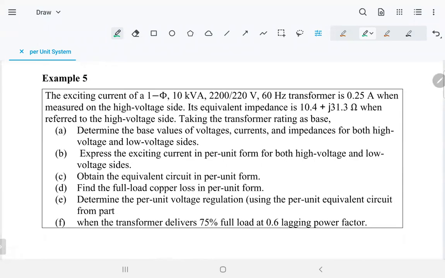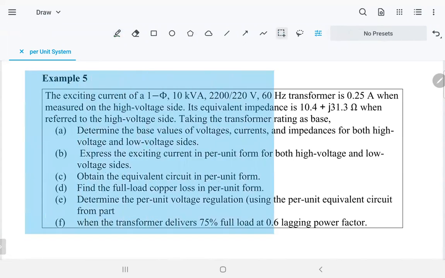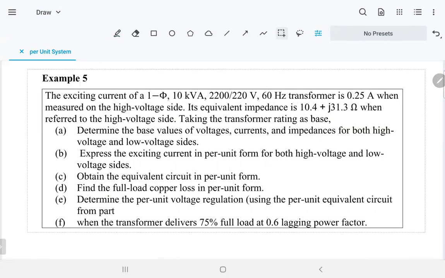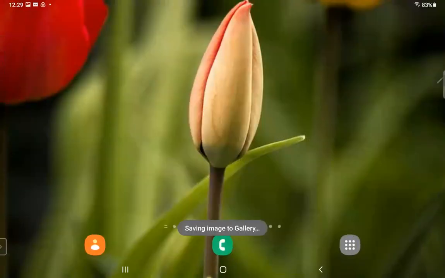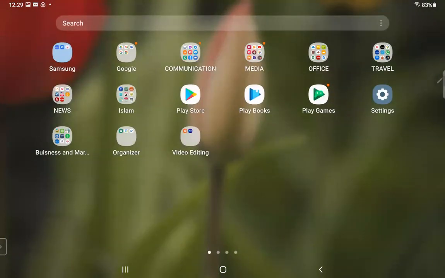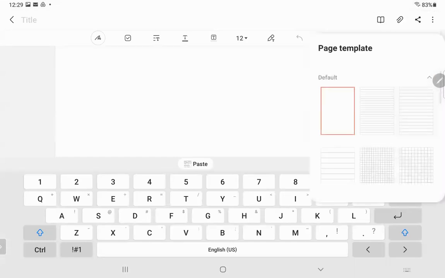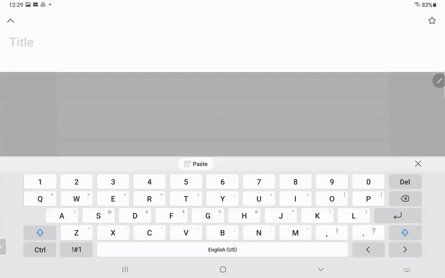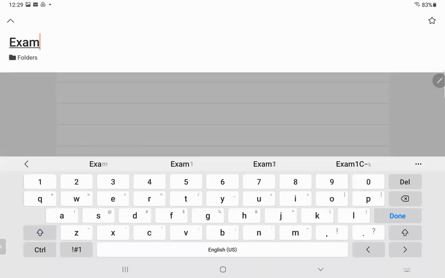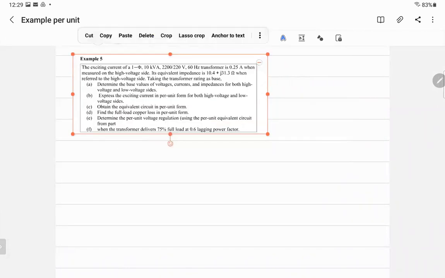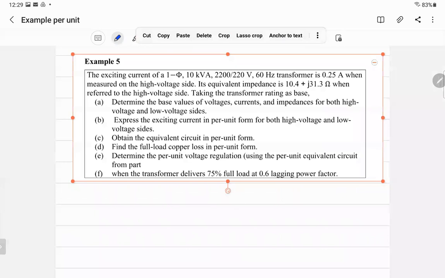That's the example we're going to solve. Let's stick to the words. All right, can you see the example?